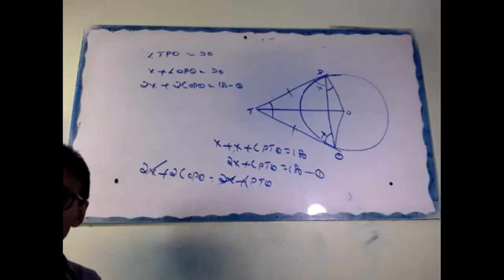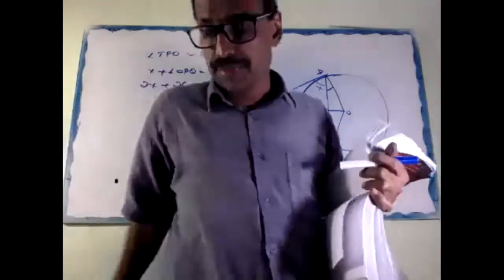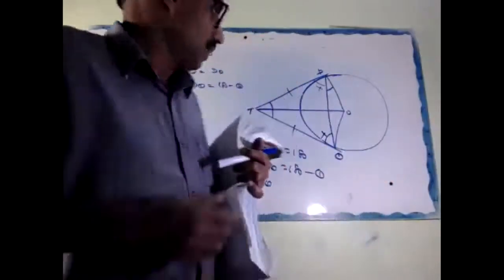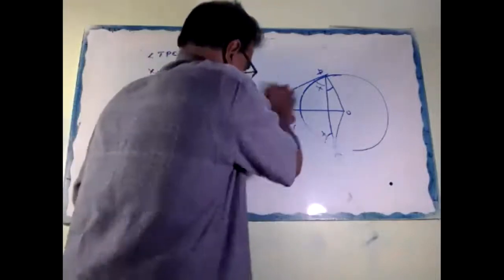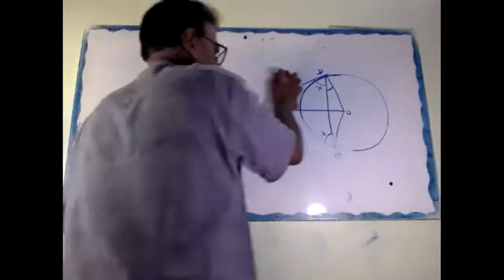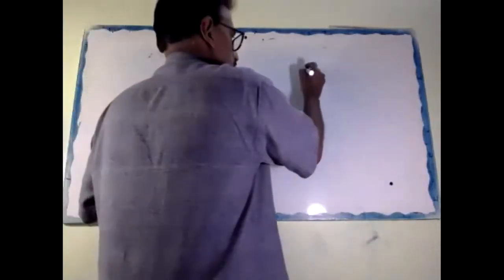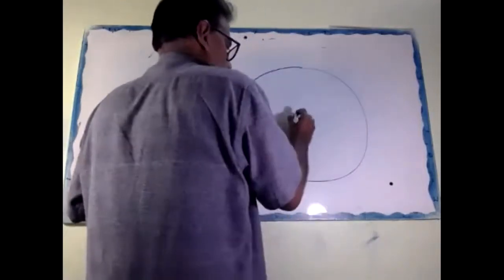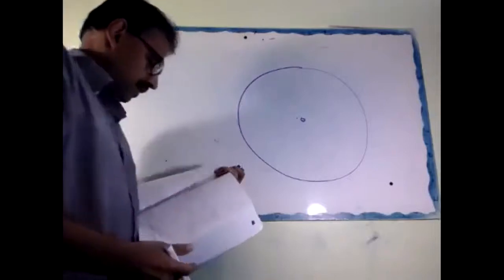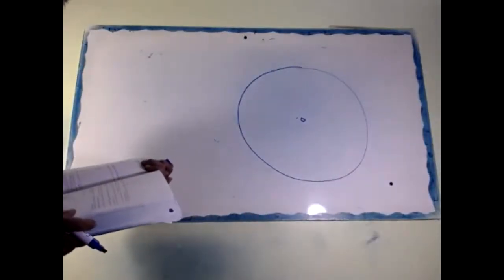Listen here. Now I explain. When you draw this figure, make it a little bit of a big circle. Then the question: from a point P, two tangents PA and PB.